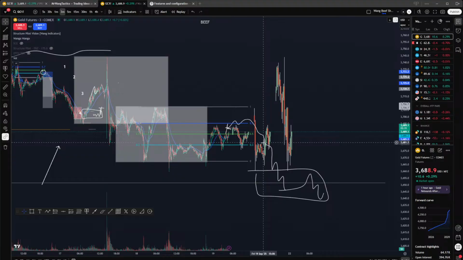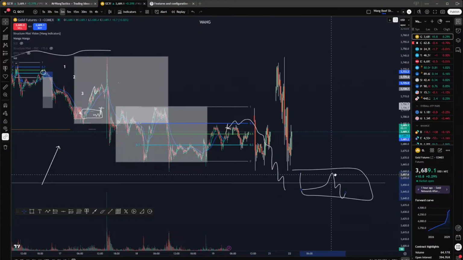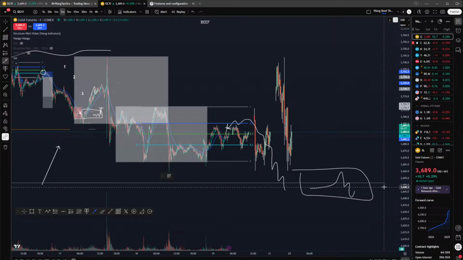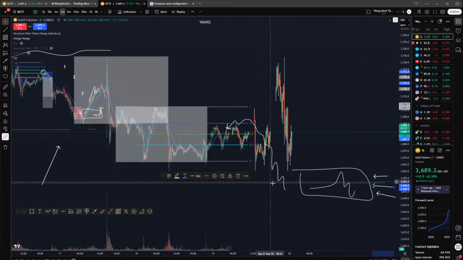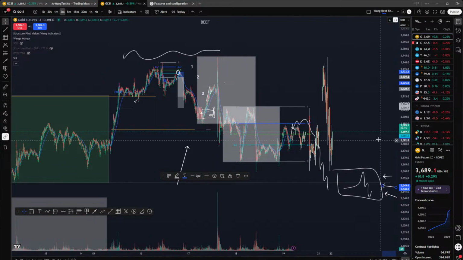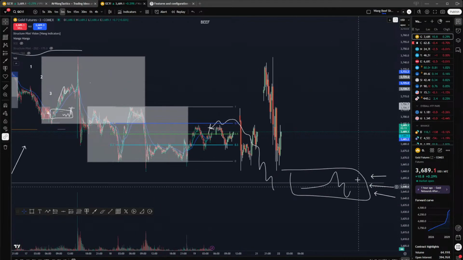So yeah, as for now, there's nothing. This is where we're willing to take longs on this sweep around that level, right? Other than that, we're just monitoring price.